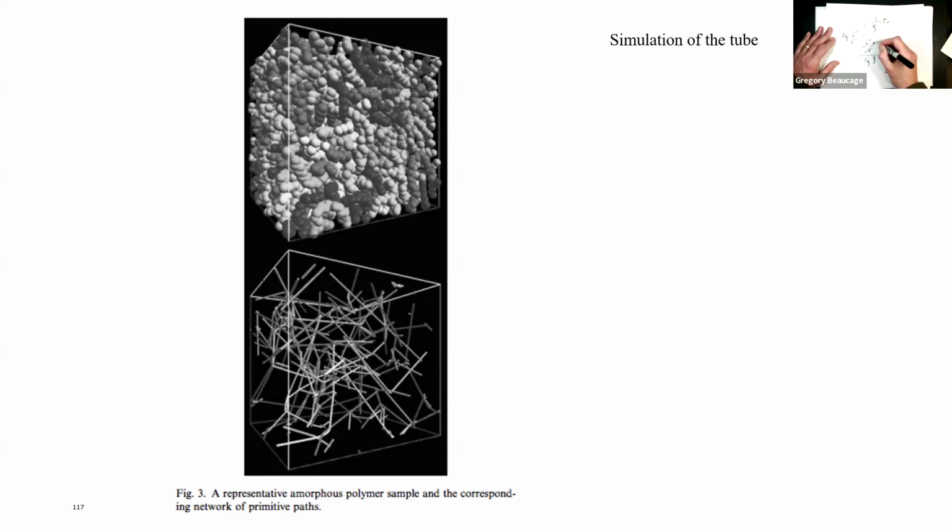So G prime is solid, it's liquid, and then it reaches a fixed plateau. That's 1 over Me, that G prime scales with. So that's fixed, and then G double prime goes down, and then goes back up again, and G prime keeps going, and there's a second crossover.